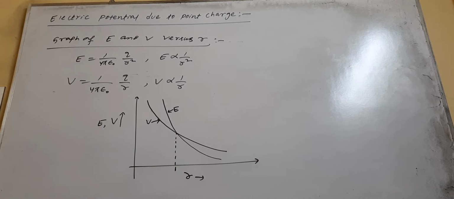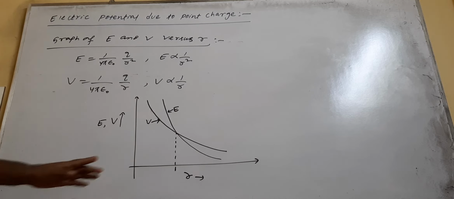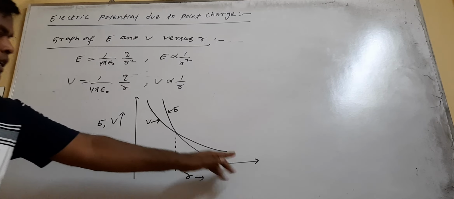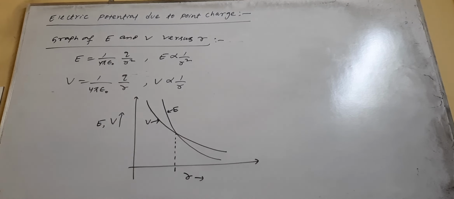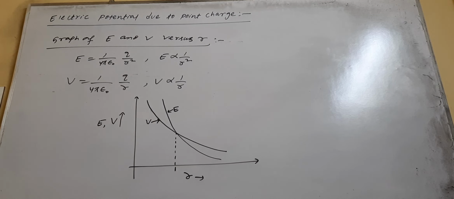When R is more than 1, the electric field will be less, the electric potential will be more. When R is more than 1, the electric field is less in magnitude than the electric potential.